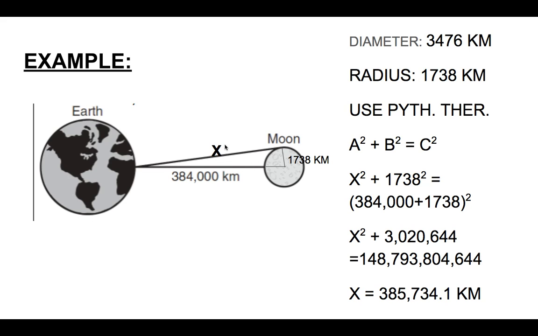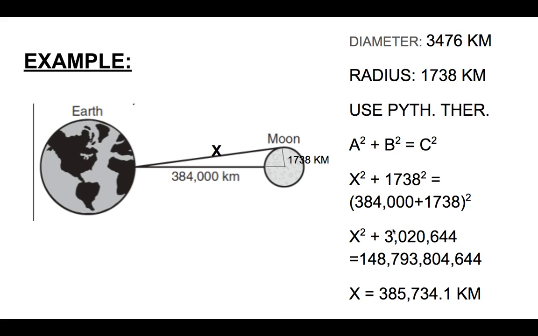I'm solving for my a, and then I know my b. So x squared plus 1738 squared is equal to, and then I'm going to take the value of the length that I have here that's given, 384,000, and add to that the length of the radius because I need my full hypotenuse length. So I'm going to do 384,000 plus 1738, and then take the sum of that and square it.